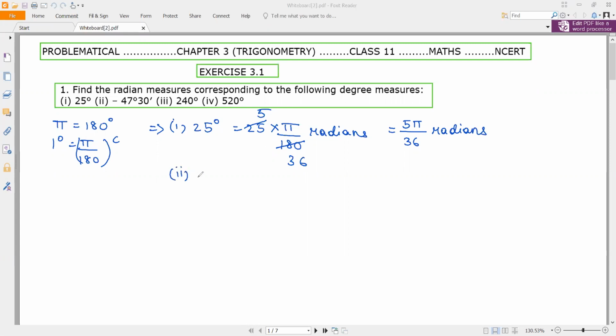Second, minus 47 degrees 30 minutes. We know that 1 degree is equal to 60 minutes. Therefore, half a degree will be equal to 30 minutes.